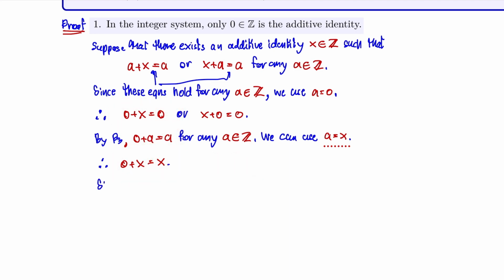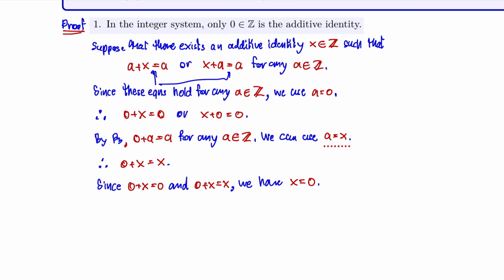So since 0 plus x equals 0, and 0 plus x equals x, what do we have? We have x equals 0. This shows that x equals 0.